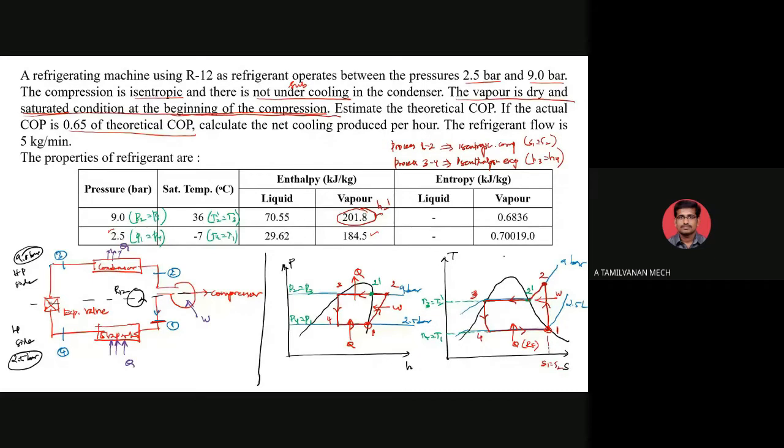So H2 is equal to H2 dash plus the value we are going to find, which is the degree of superheat. That is the formula here.